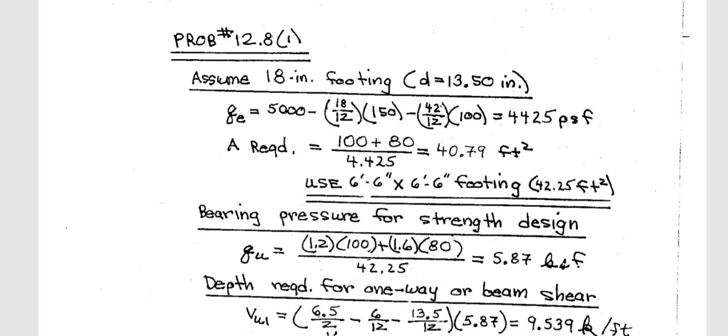So at the beginning, what is our duty? Our duty is to assume a footing size, not the plan view, the depth. So at the beginning we are assuming an 18 inch footing, so that our d will be 13.5. The rest of 3.5 will take care of the clear cover to the center of the bar.